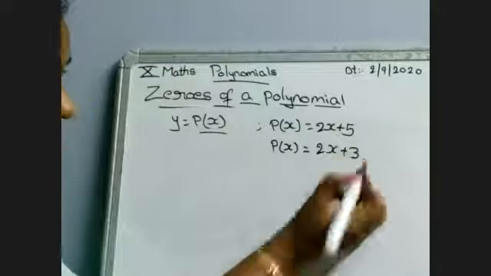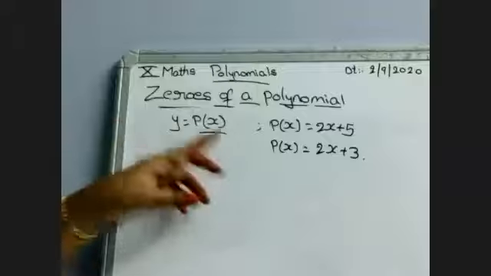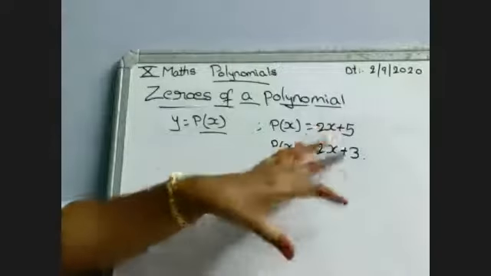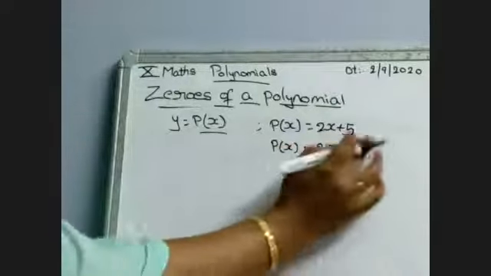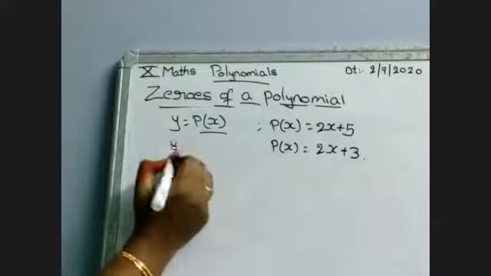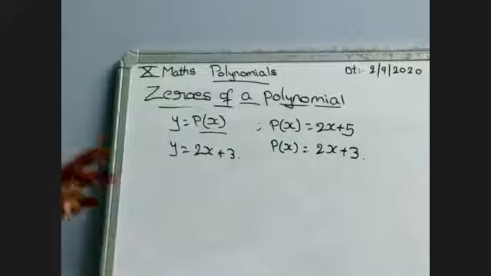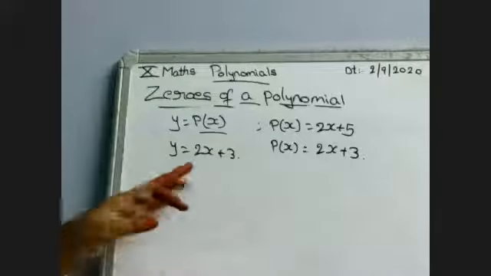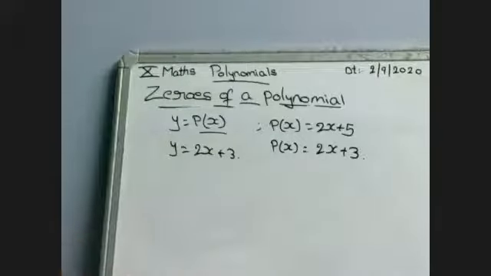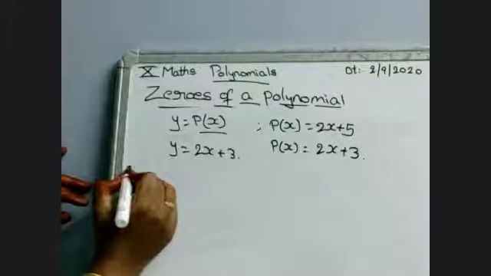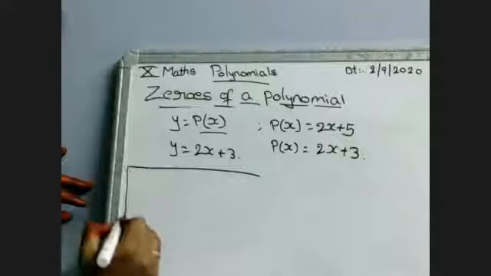Here p of x is nothing but the values we are taking. So how will we write this? y equal to 2x plus 3 we will write. Yes or no? y equal to 2x plus 3. Now solve the equation. How will we solve the equation? Again, we will draw one box. Yes or no?